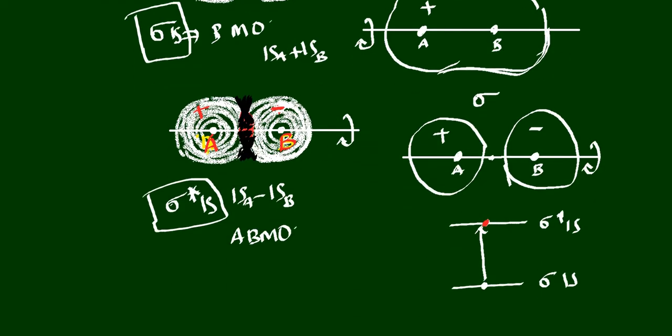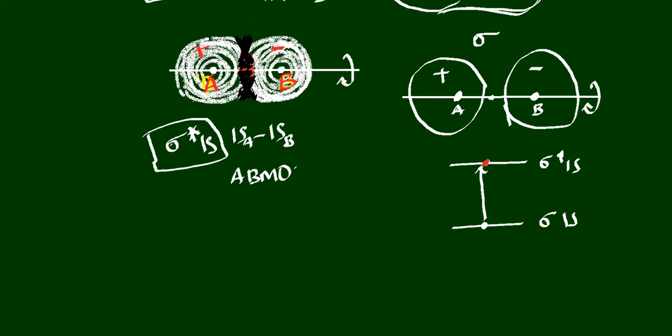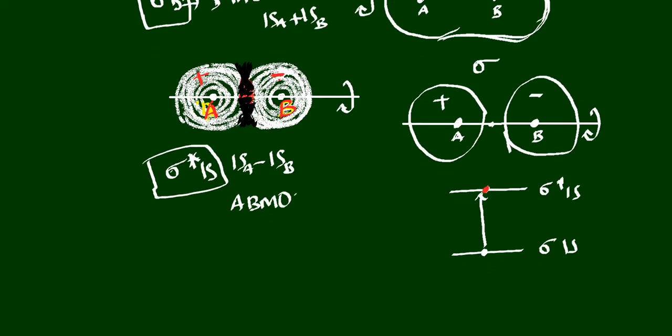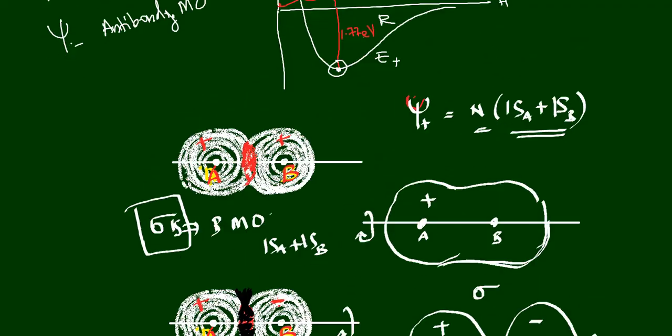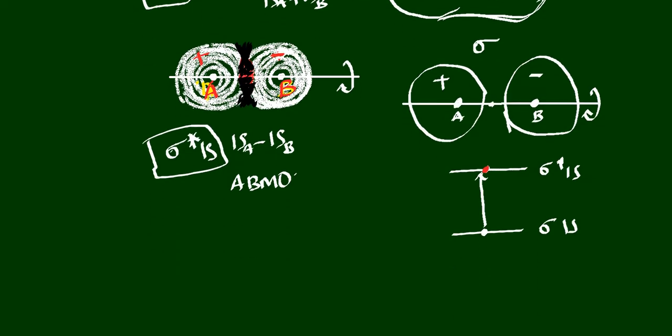Now we have to consider some more symmetry aspects of this molecular ion. We know that this is a diatomic molecule constituted by the same atoms, H, right? If diatomic molecules are constituted by the same atoms, obviously they will have an inversion center.